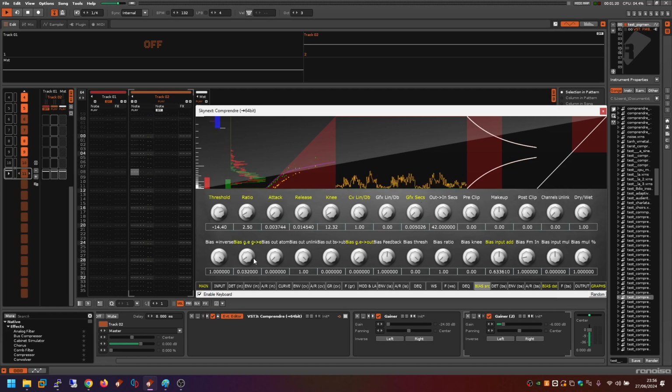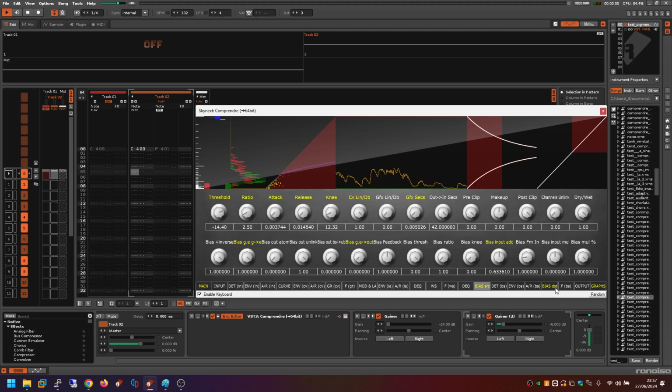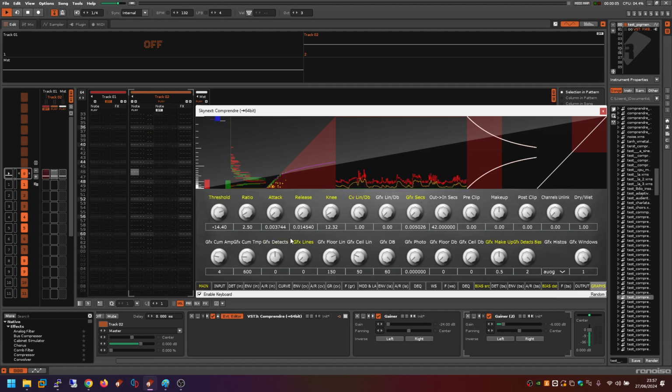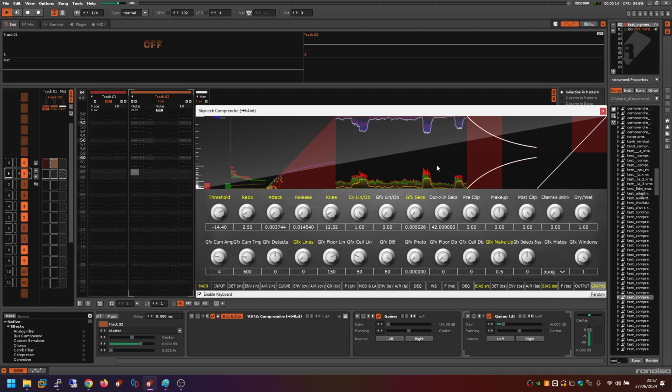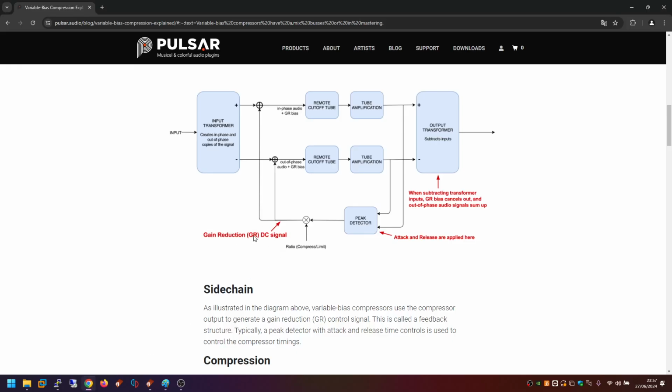You have to remember that the envelope here, that is the equivalent of the envelope here, you see that it is like in a reverse state because in the graphic here you have the inverse of the signal.